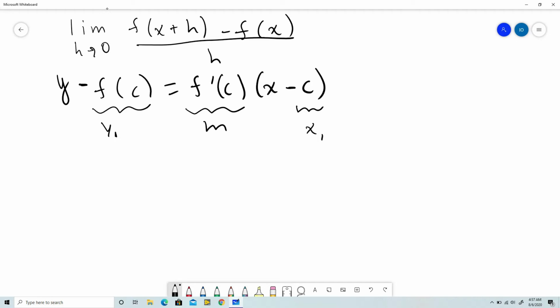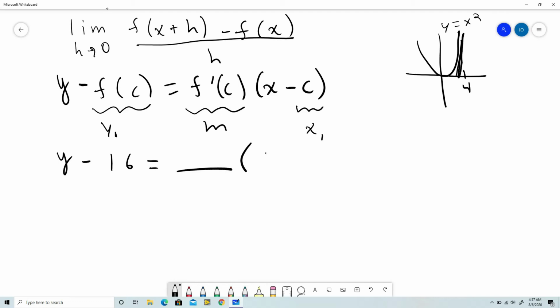Say we're trying to find the tangent line of x squared at x equals 4. That's a bad drawing, but please bear with me. We can straight off find what y1 is. You plug in 4 into x squared, you get 16. Let's keep this blank for now.